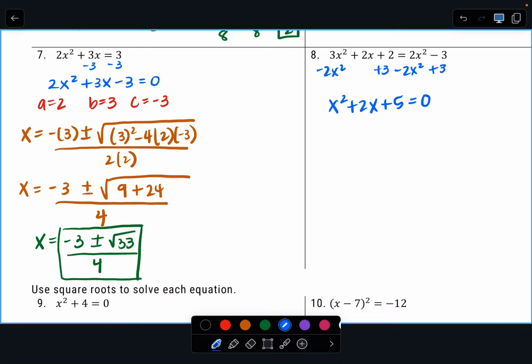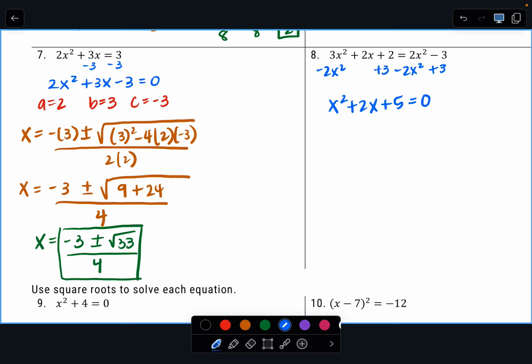What's 3x squared minus 2x squared? 1x squared. Plug into the quadratic formula with your A, your B, and your C. Make sure your A, B, and C are correct before you do that.